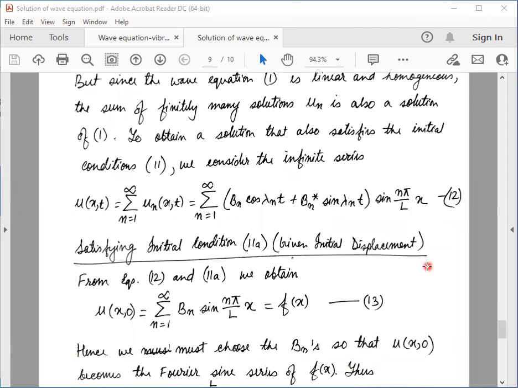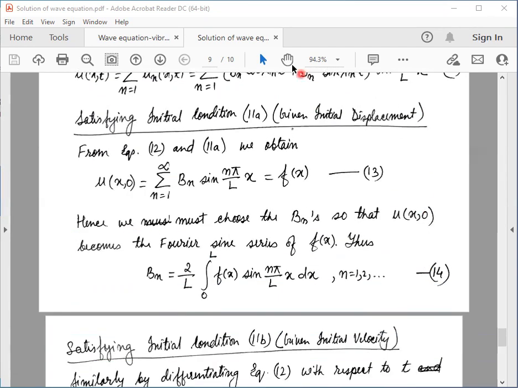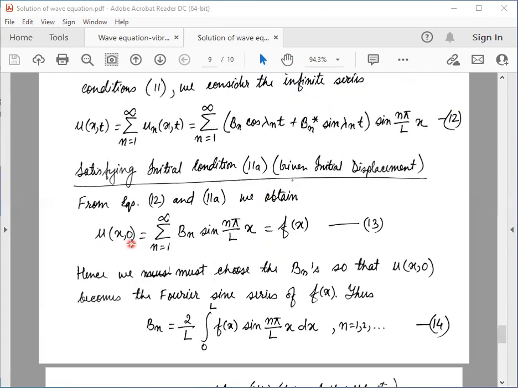Now let us apply the initial conditions. First, the given initial displacement. When t equals 0, the displacement was f of x. So in this equation number 12, if I substitute t equal to 0, the cosine becomes cos 0 and the sine becomes sin 0. Sin 0 is 0, so this second term will vanish.